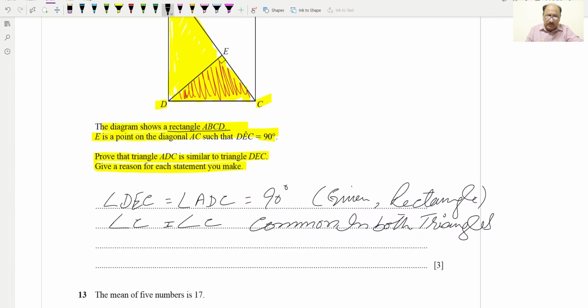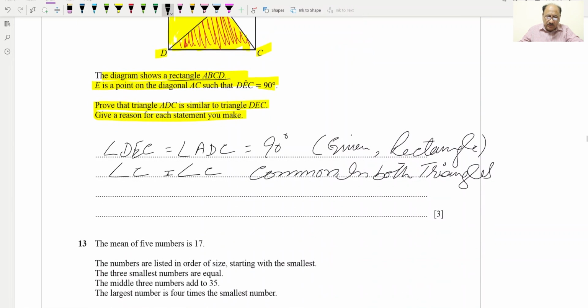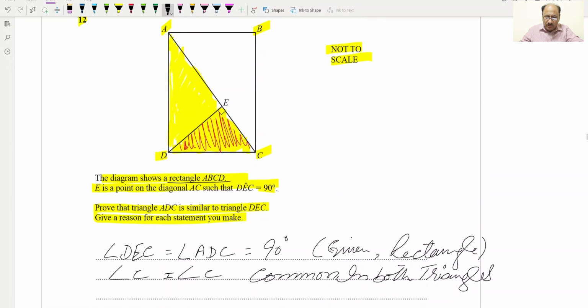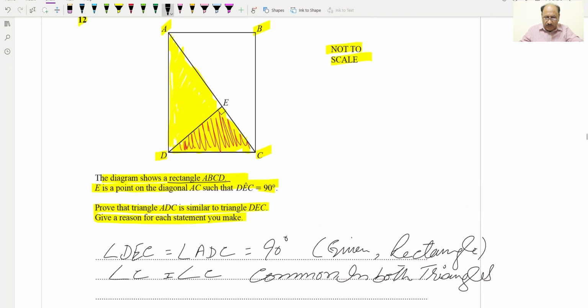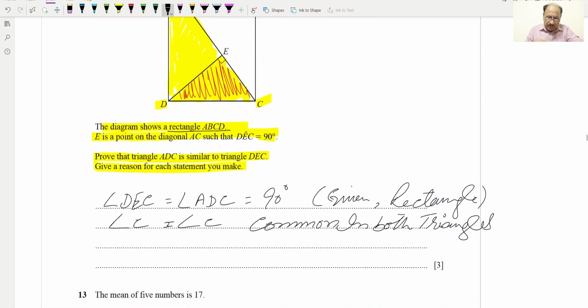So these two angles are equal. Two angles are equal, so the third angle will also be equal. So we have proved angle DEC and angle ECD.